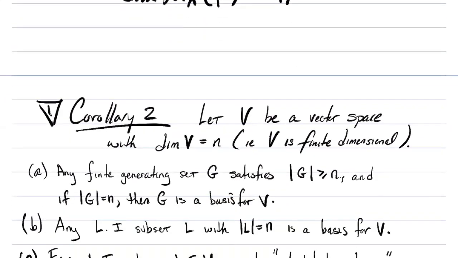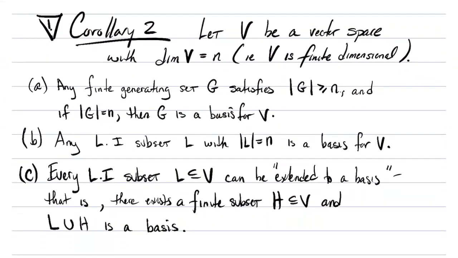Okay, got one more corollary. It actually has 3 parts. I'm going to be a little bit brief and just sketch the proofs of these things. I won't try to write out too much. This video is already getting a little bit long, but let's at least see what it says. So we're given a vector space with dimension n.